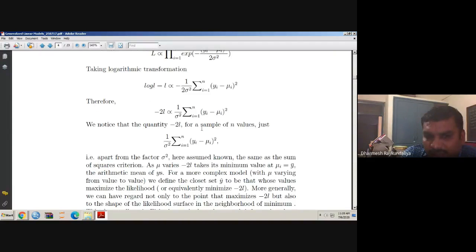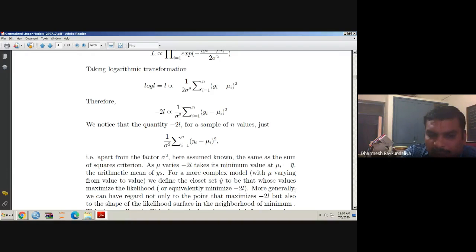If we are maximizing this, it means that since minus 2l has the sign minus, if you minimize minus 2l, it is equivalent to maximizing the likelihood. So ultimately, to maximize the likelihood, it is equivalent to minimize minus 2l.